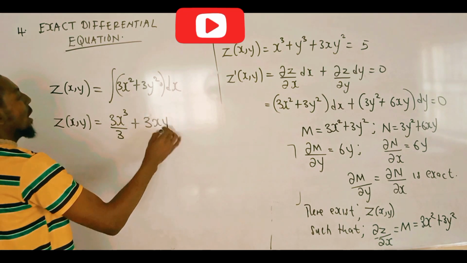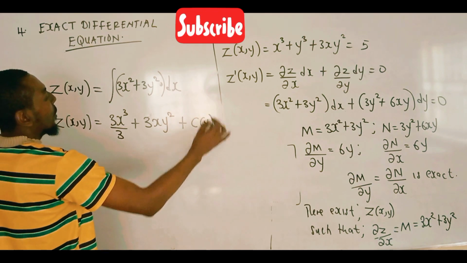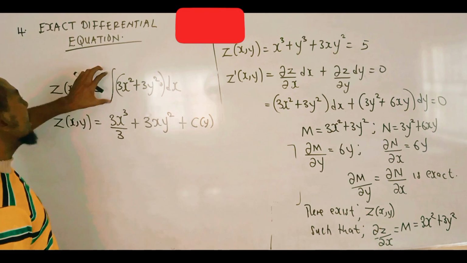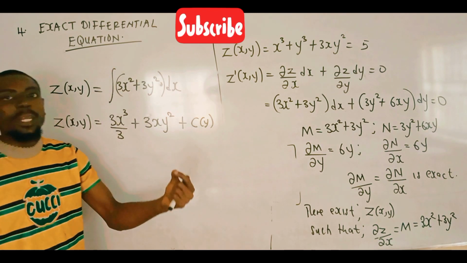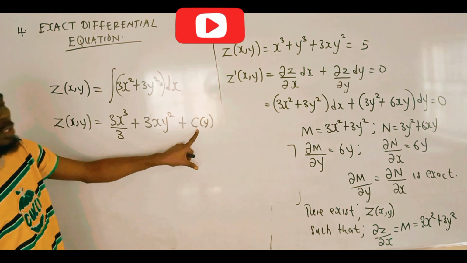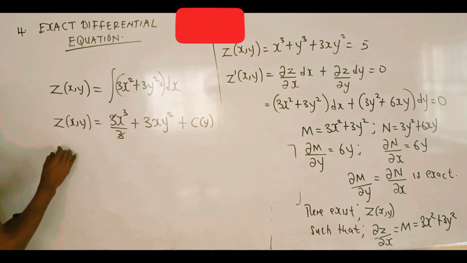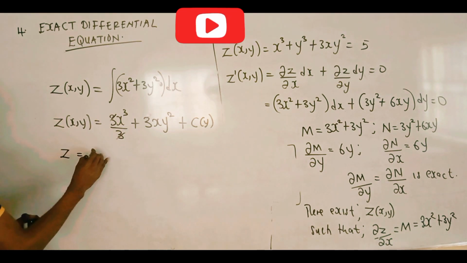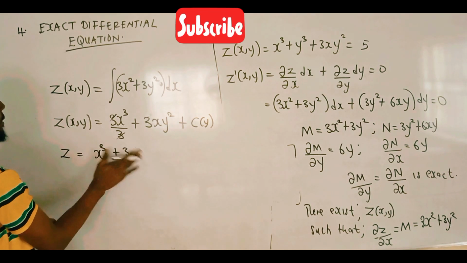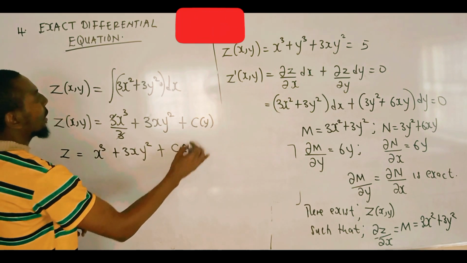We have 3xy squared plus some constant c, which is a function of y. The constant is a function of y because in this integration we are keeping y constant. Therefore, the constant of integration will be a function of y. So when 3 cancels 3, we find that z is equal to x cubed plus 3xy squared plus some constant c of y.